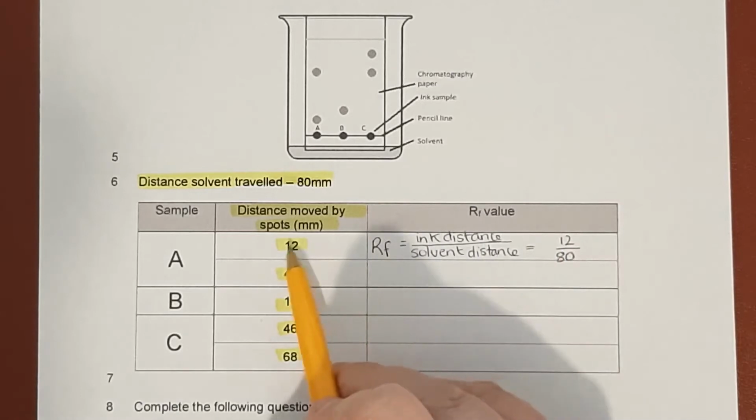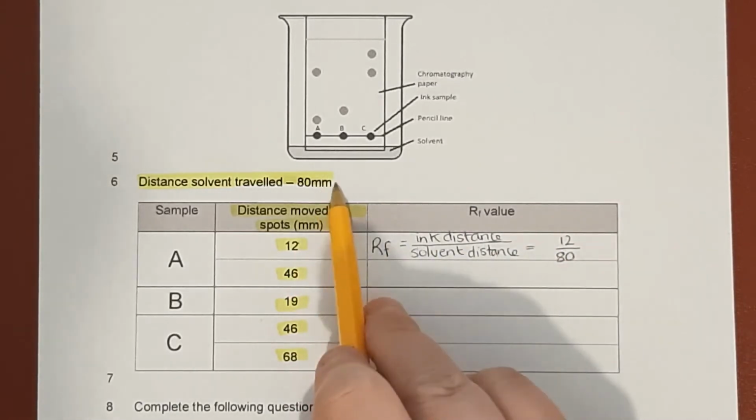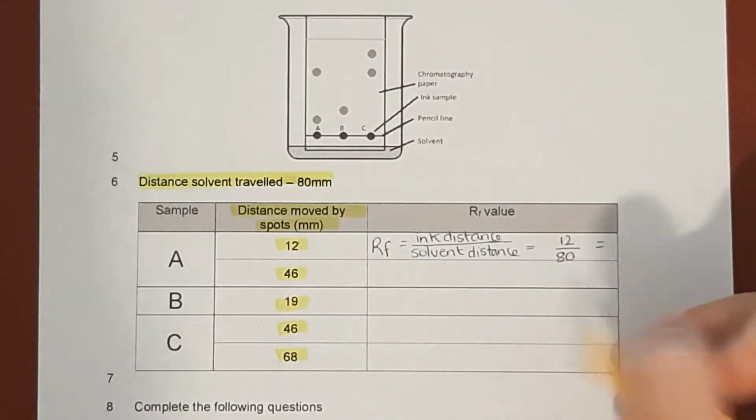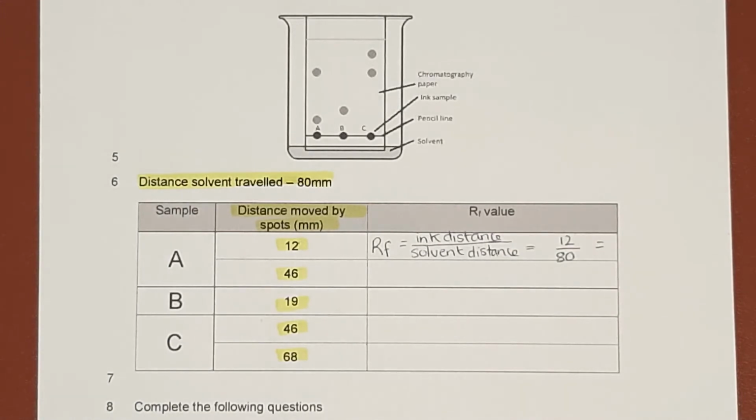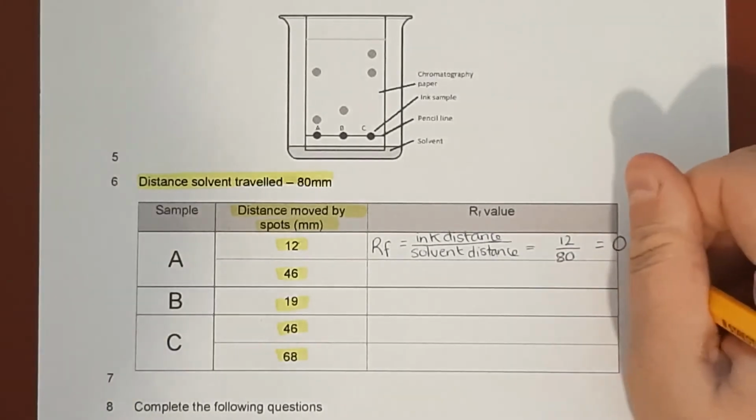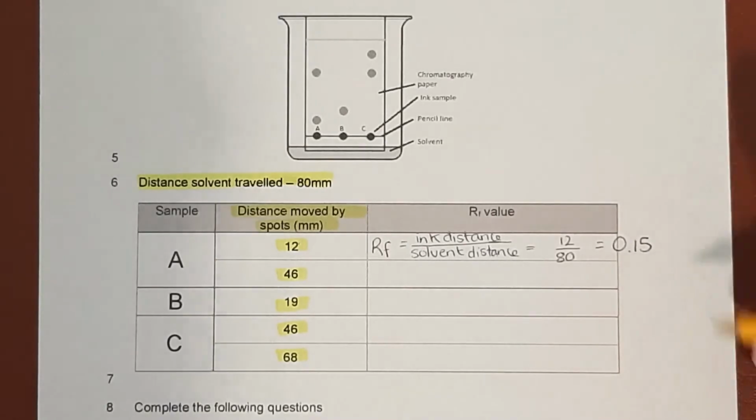So it's always going to be this number divided by the 80, and 12 divided by 80 is 0.15. There are no units on this because this is a ratio, okay? So no units are required. What I'd like you to do now is pause the video and continue through these and complete them, getting an answer for each, using the notes page for more space if required.